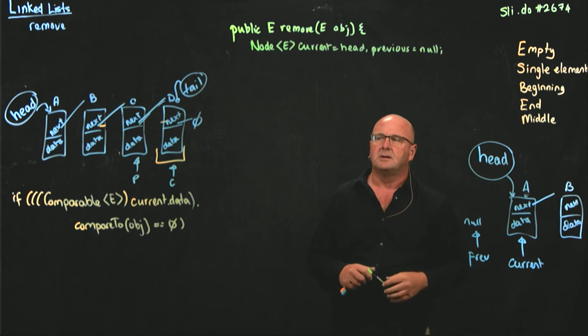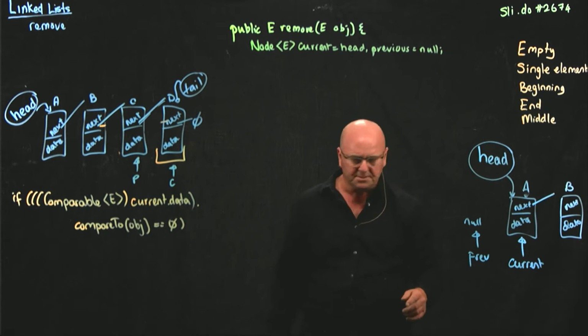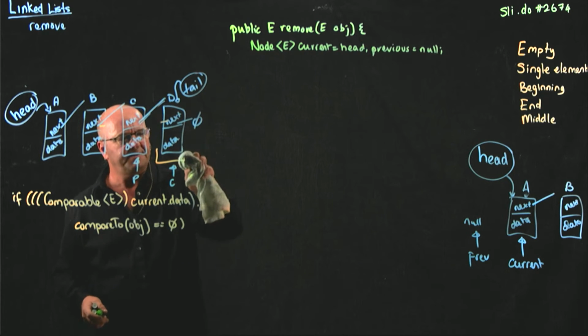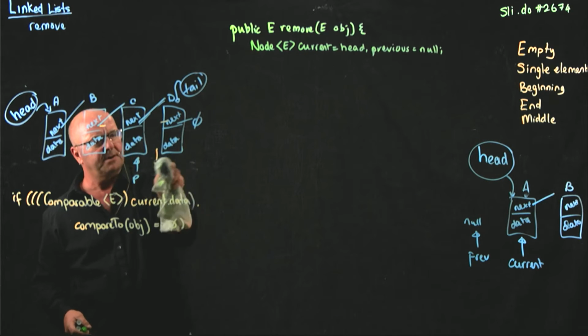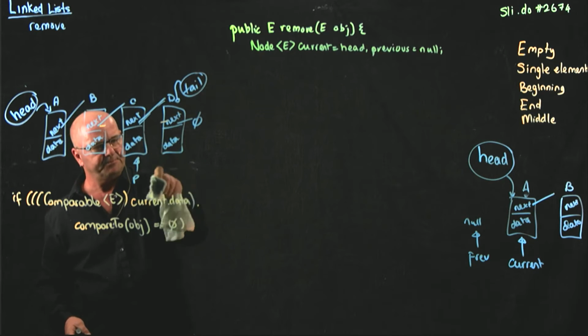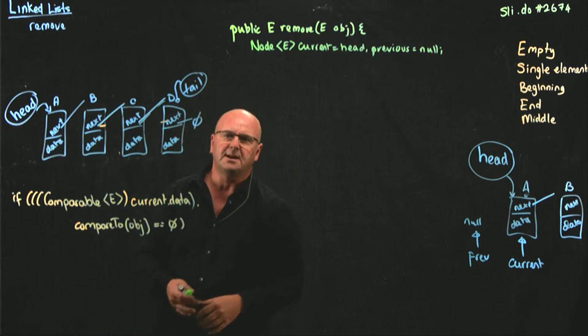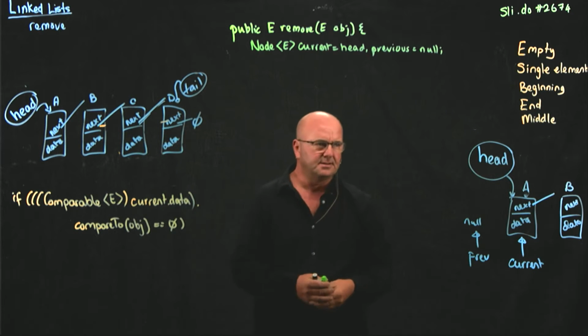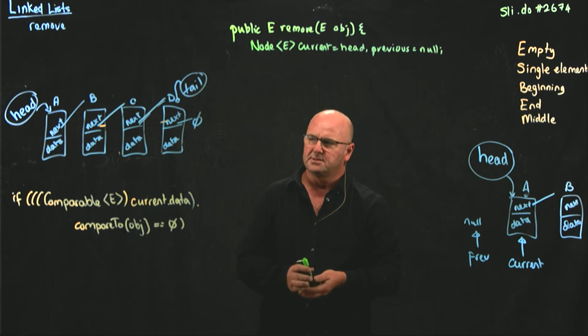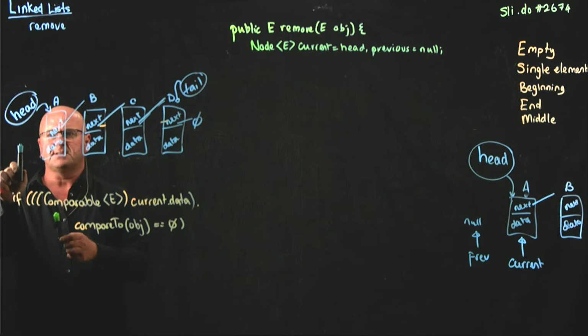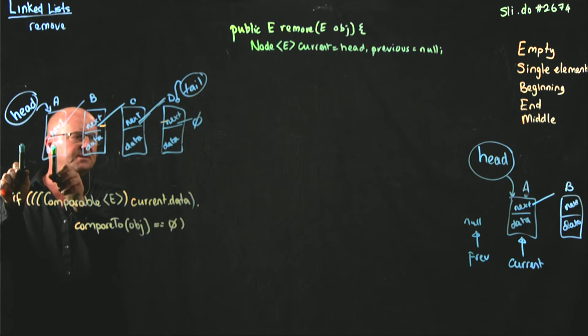We're set up. Now the only thing that we haven't talked about, the last thing that we have to figure out is what if we're looking for an object in our list. We're looking for an object in our list and we don't find it. What's our stopping condition? So we're going to start with previous equal to null, current equal to head.